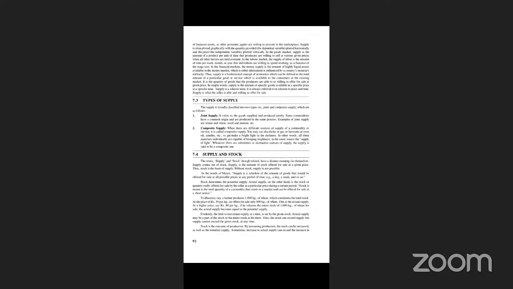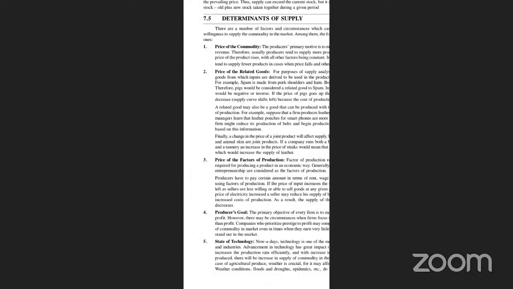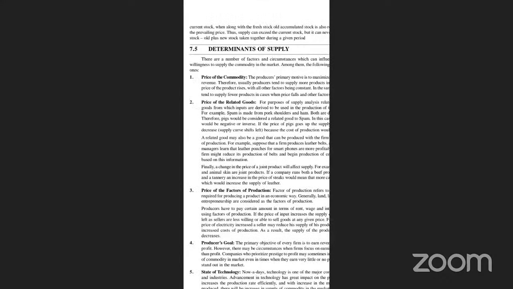Okay. And determinants of supply. What are the various determinants? Like you have learned in elasticity and demand: price of the commodity, price of related products, factors of production, producer's goal, state of technology. All these play an important role in making supply happen.